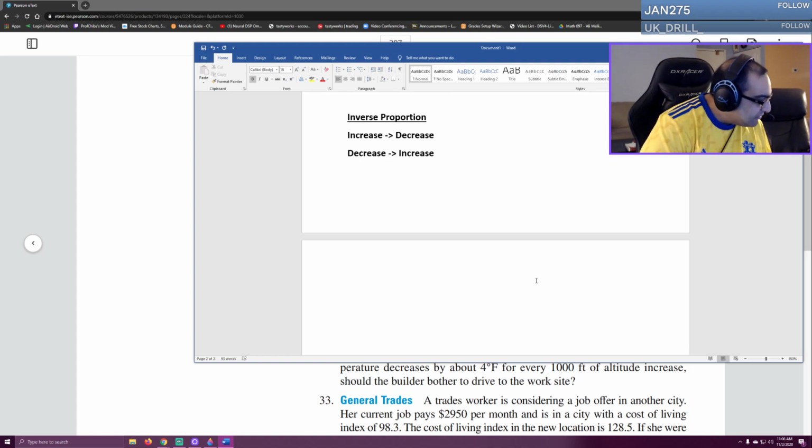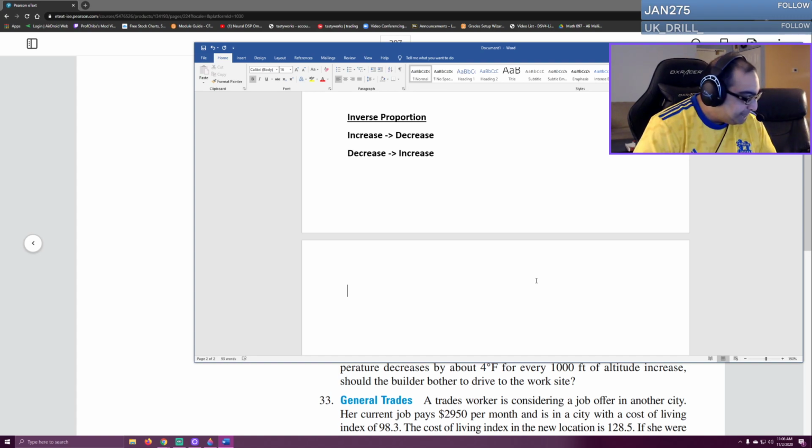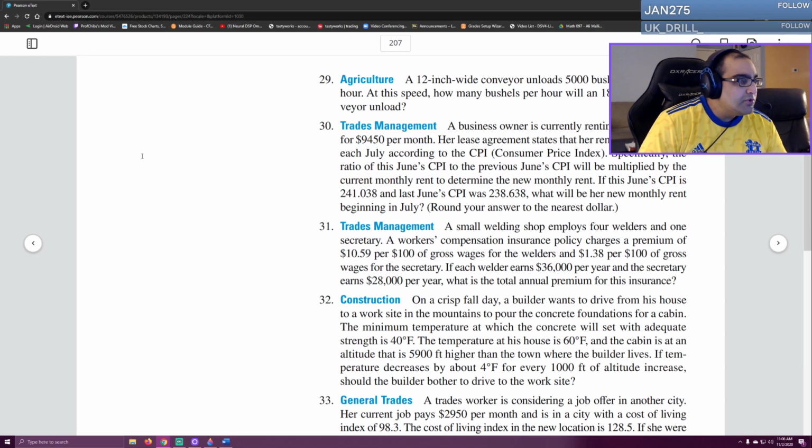We'll talk about that momentarily. I want to show off the difference between a direct proportion and an inverse proportion, so I'm going to go to a couple of particular questions to make it easier to understand.